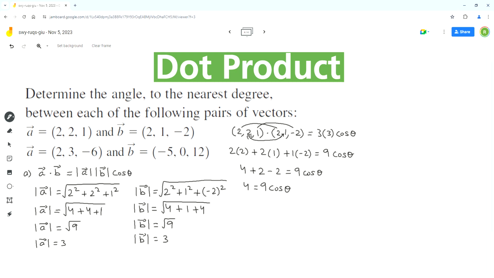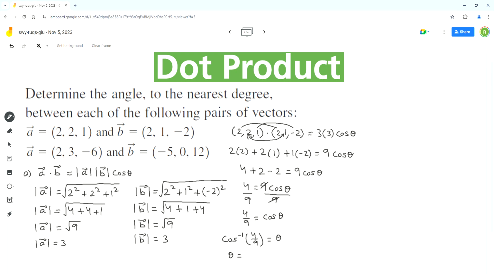Now we can divide both sides by 9. Now we can do the inverse of cos. Now we can evaluate inverse of cos.